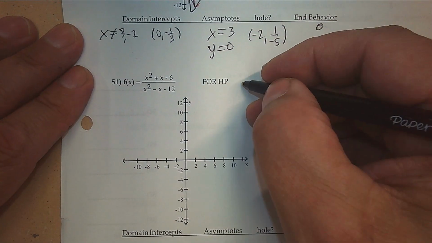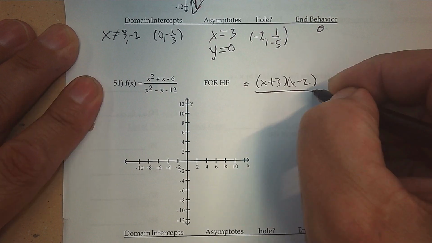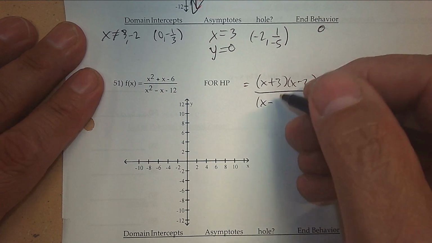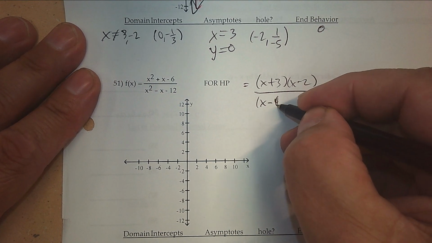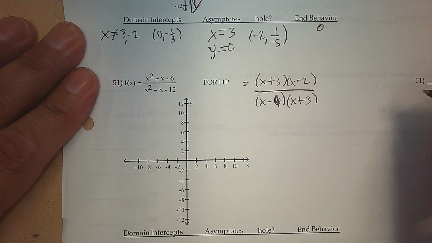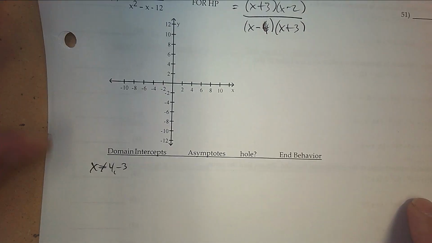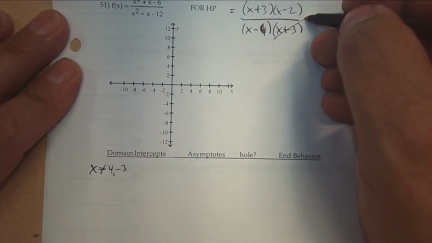Number 51. So let's factor it. That's a 4. So x can't be 4 or negative 3. We have intercepts. Well, we're going to remove this now.